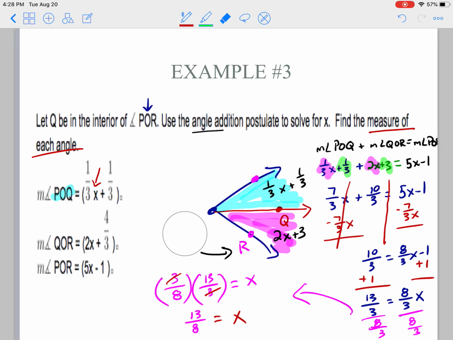And so POQ is actually equal to 1/3 times 13/8 plus 1/3. And now that I look closely, I see that that was 2x plus 4/3. I did not see that. I'm not going to go back and rework it.